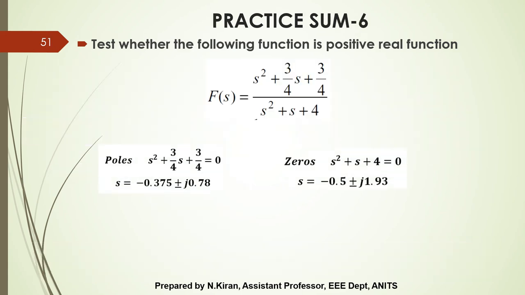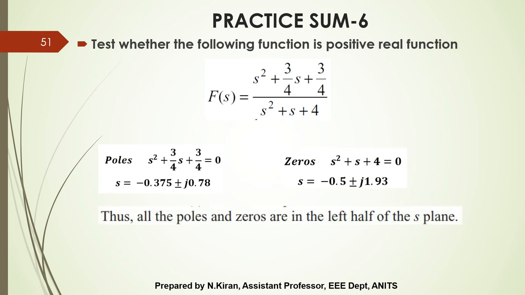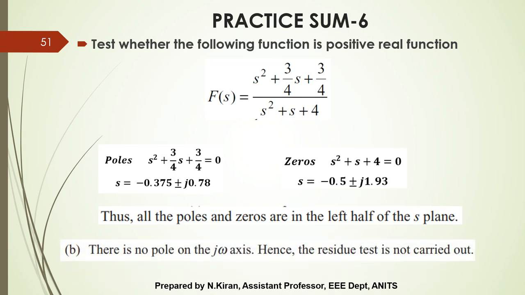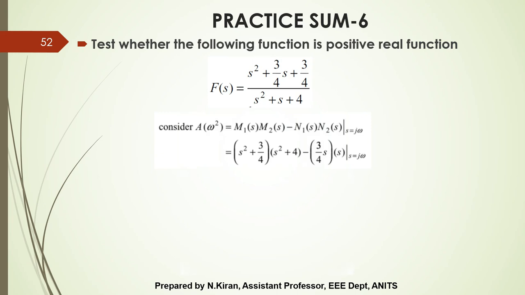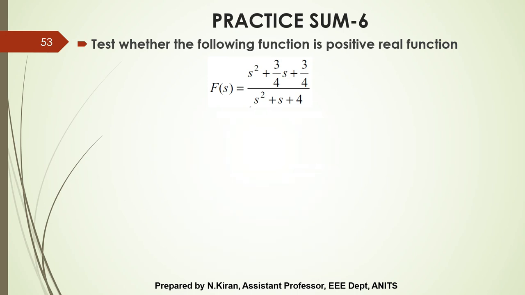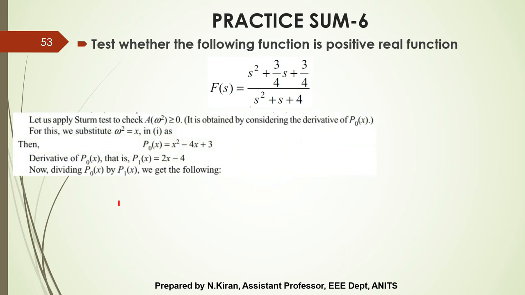And here the next sum, the poles and zeros are all on the left half of the s-plane. Since there is no pole on the j omega axis, there is no need for conducting the residue test. So upon the substitution of values m1 m2 minus n1 n2 and s equal to j omega, here also the coefficient is negative. So here I am applying Sturm's test because I am randomly checking the value of omega.